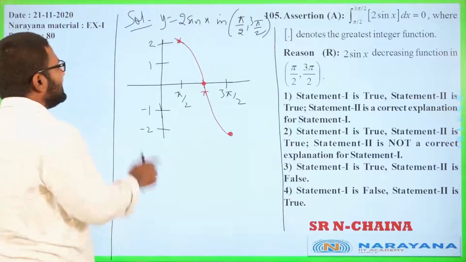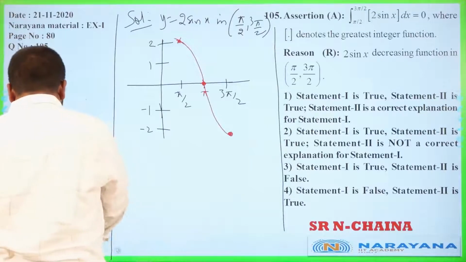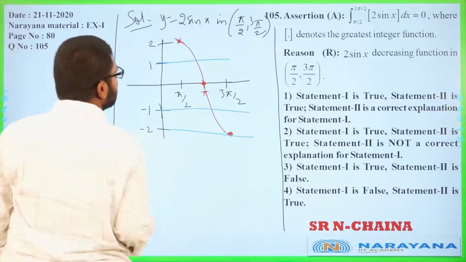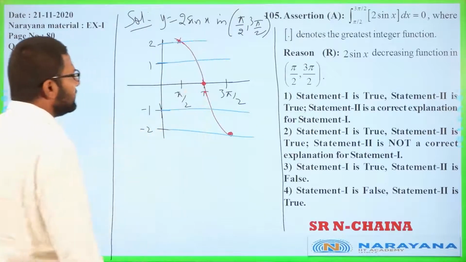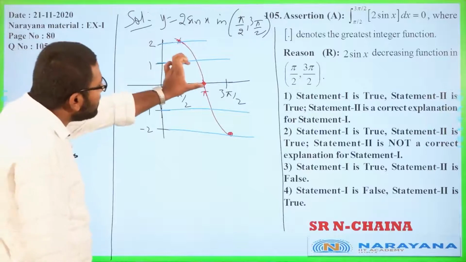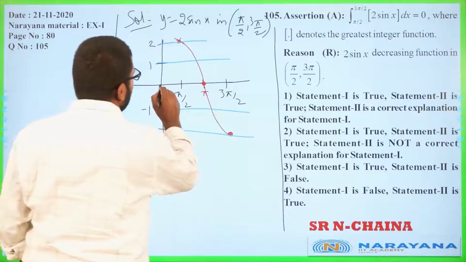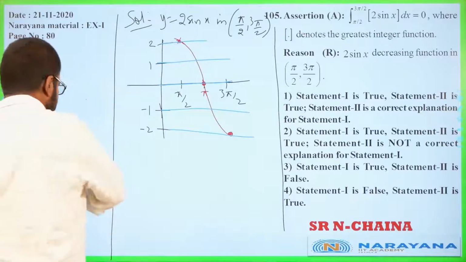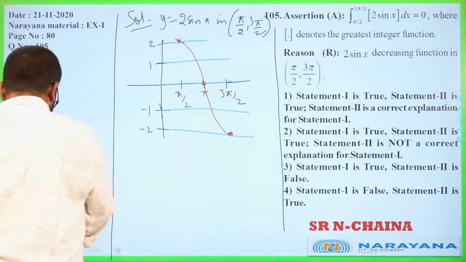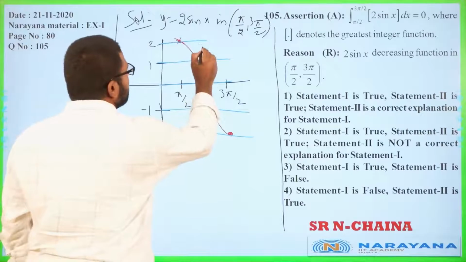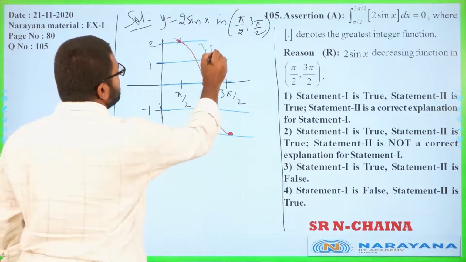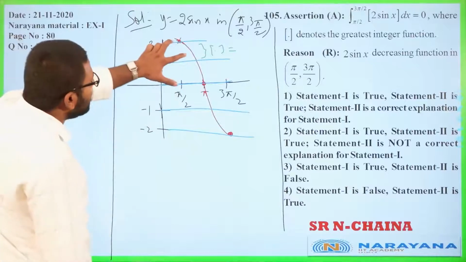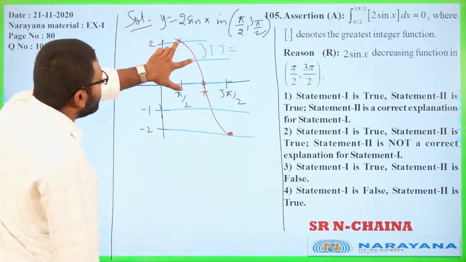Alright, so this is the graph. Now whenever you want to apply step, what you should do is draw all your integer lines, and then between the integer limits you ask what will be the step function. So you now check here, step would be how much? In this interval, do you realize 2 sin x lies between 2 and 1.